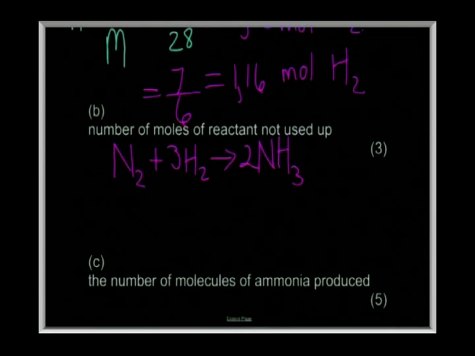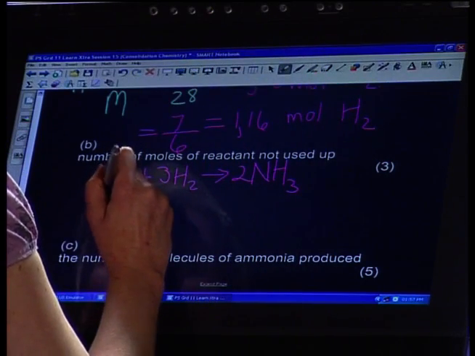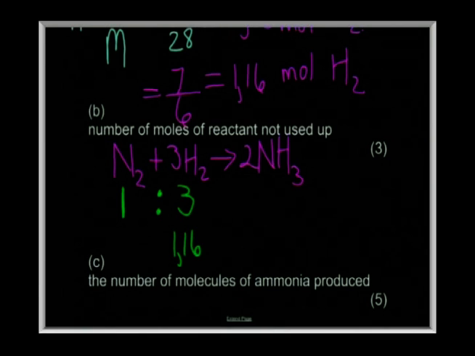Okay. Now, the ratio over here is 1 to 3. So for every 1 nitrogen, I am going to need 3 hydrogens. Then I'm going to write in here, okay, I know that I'm going to use up all of the 1.16 moles of my hydrogen. And why do I know that? It's because hydrogen is my limiting reagent.